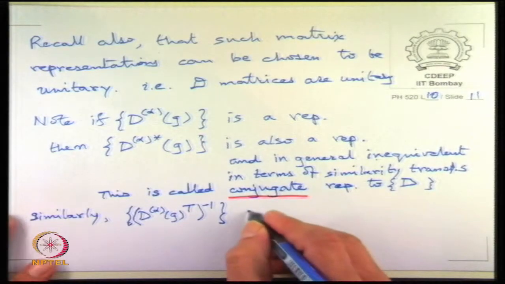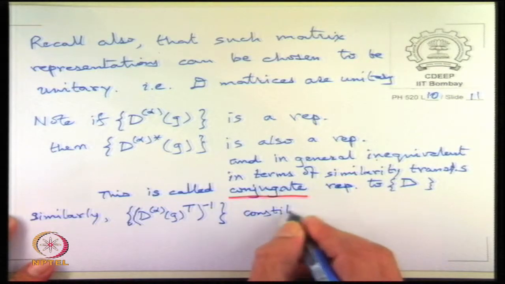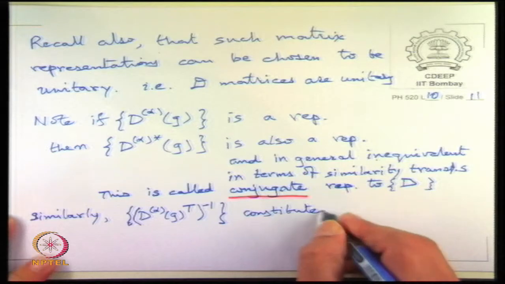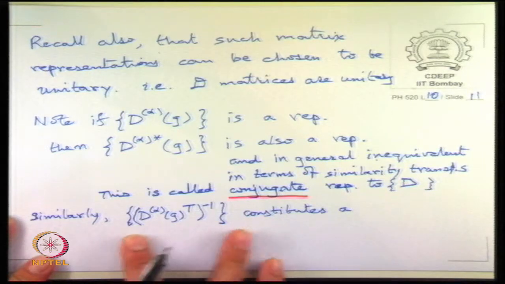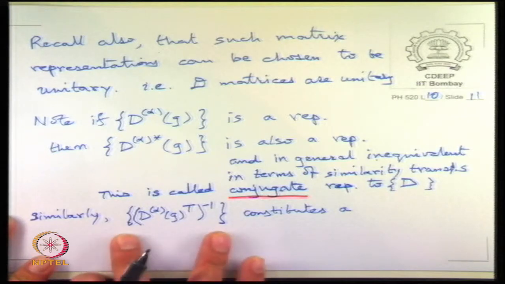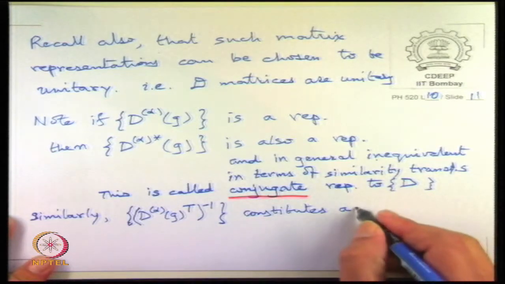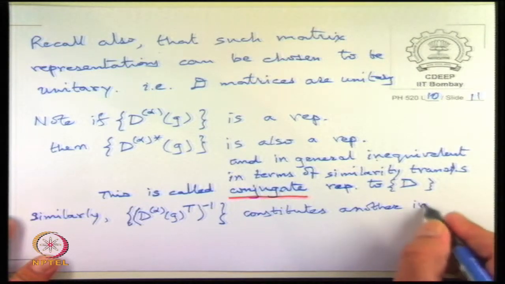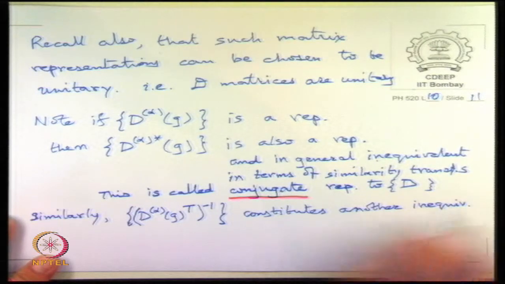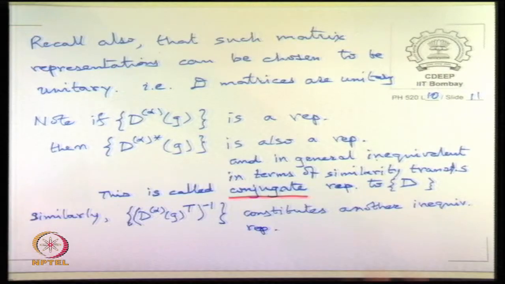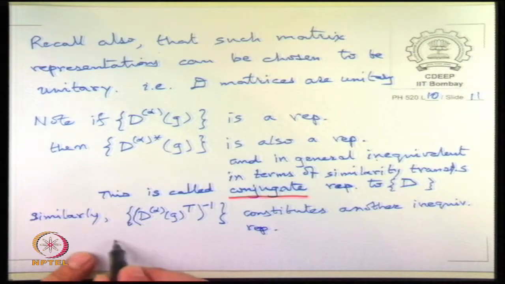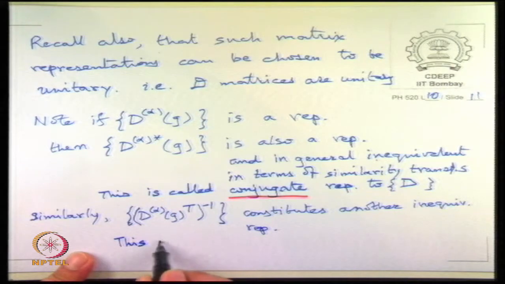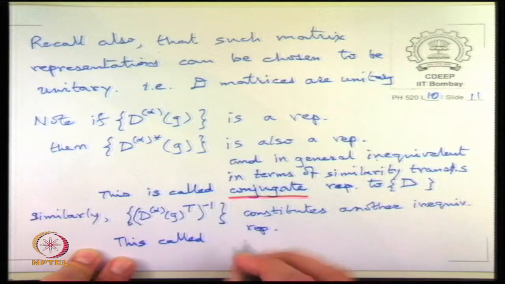Similarly, this set constitutes another inequivalent representation, and it is called the adjoint representation. It is called adjoint too. The word adjoint is used in a different context as well, but that's why I am saying adjoint too.